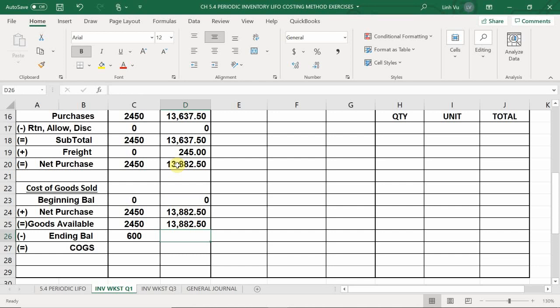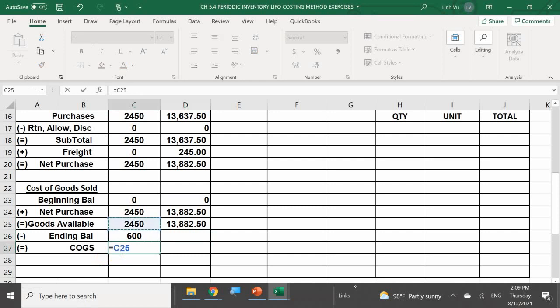So if I have a total of 2,450 goods available to sell, and someone went down to the inventory basement to find out that I have 600 left on hand, how many items did I sell? 1,850.